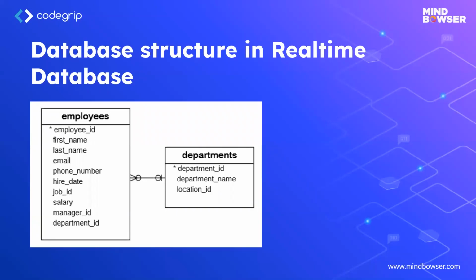Here in the diagram we can see a node for the employee, and we can also create a nested node like department ID. So departments is a nested key for that.